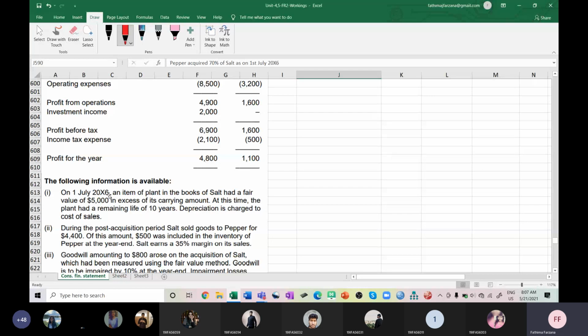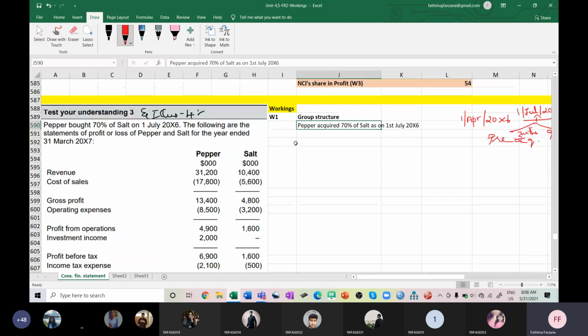From 1st July till year end, 31st March, how many months? Just now we computed, 9 months. Yearly depreciation will be 5,000 divided by 10, but I'm not providing for the full year, only for 9 months. I have to do that computation, because this depreciation will have an effect on NCI.